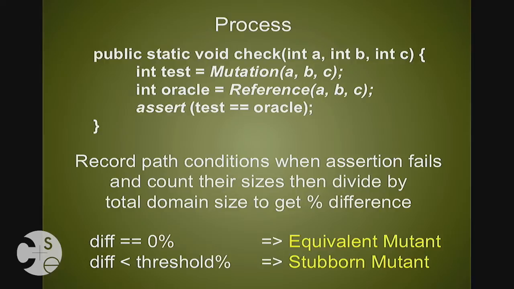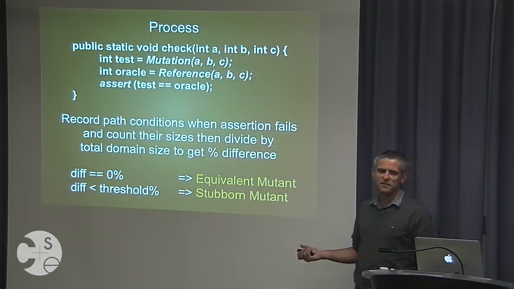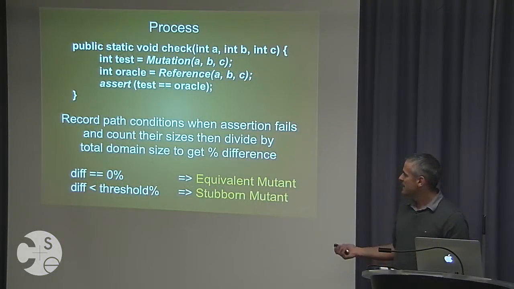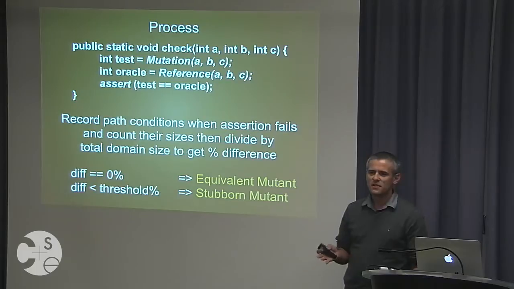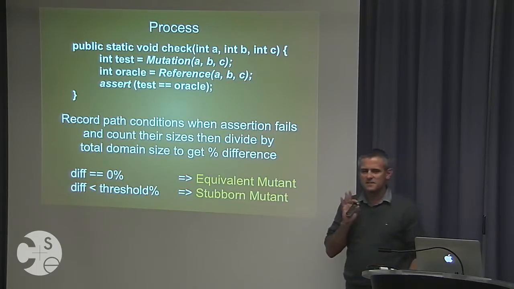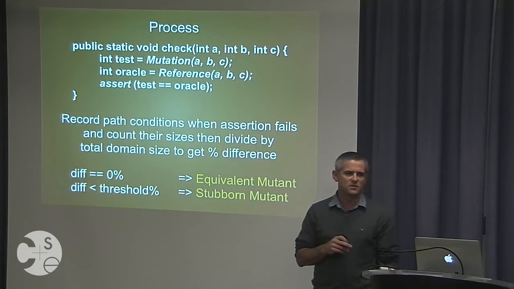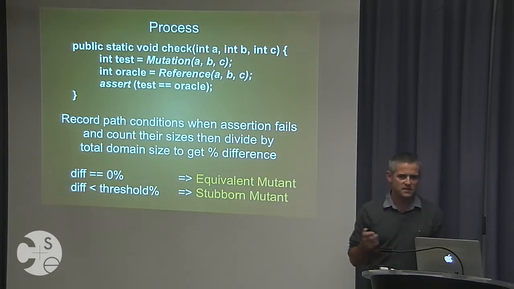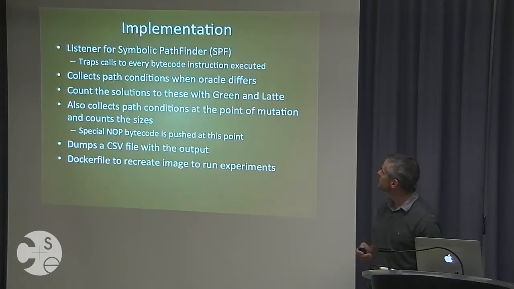Here we can calculate that very precisely: it's if the difference is 0%. And then, if it's less than some small threshold, we call it stubborn or hard to kill. So if a very small percentage of the input space shows a difference, it's a mutant that's going to be hard to kill. That's ultimately what we're going to be interested in, this notion of being hard to kill.